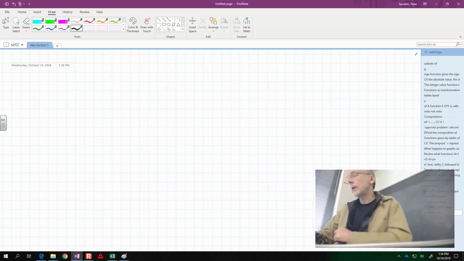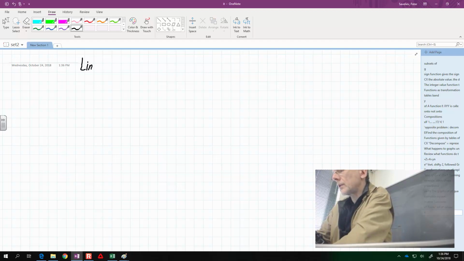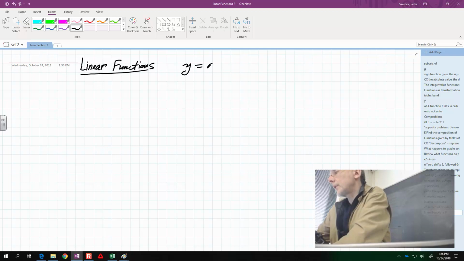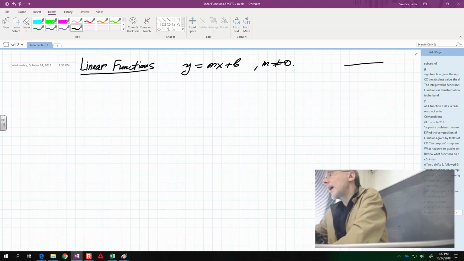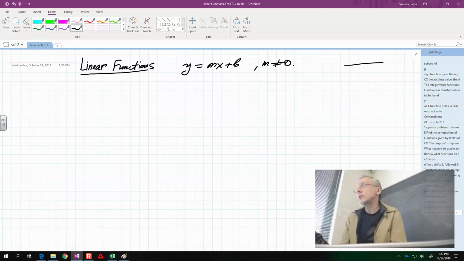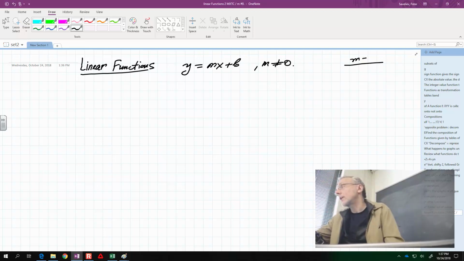So in general, how about we solve once and for all the problem of inverses of linear functions? So y is equal to mx plus b, m not 0. Why m is not 0? Because when m is 0, the function is constant. And what's so bad about a constant function?